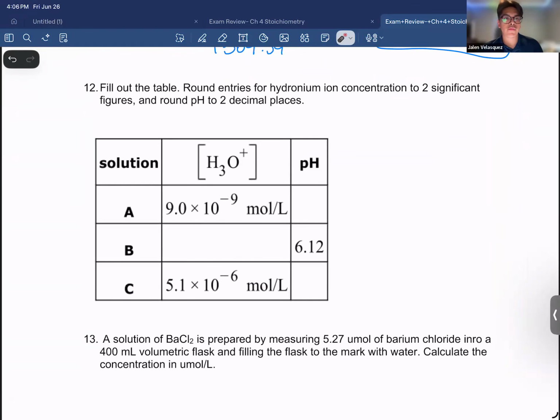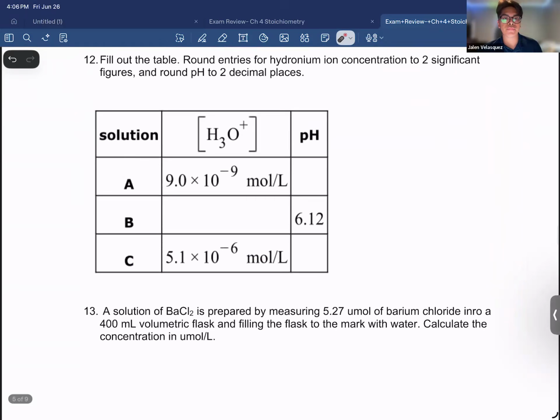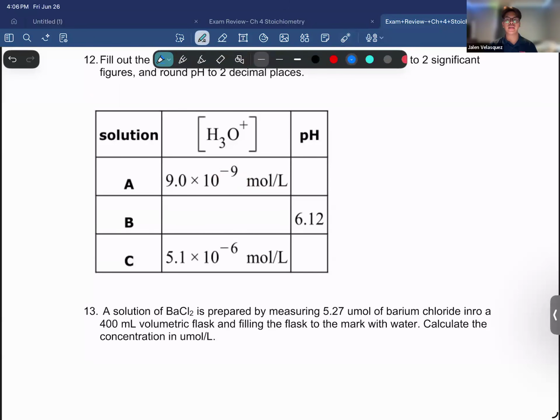Okay, then number 12 here, we're filling out this table. So you're either provided the hydronium concentration or the pH, right? So for solution A, provided the hydronium concentration, to get the pH, just take the negative logarithm. So pH is equal to 8.05.